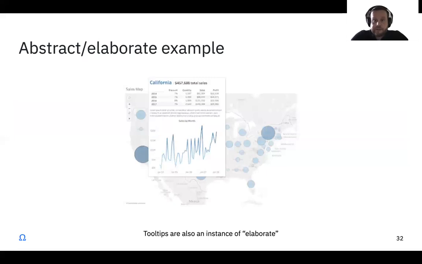If we think about tooltips, so that you click on something and then it will show a side view or overlay of that data point that you have selected, that is also an example of elaborate, actually. So you don't have to zoom in, like using your mouse scroll wheel, but you can also elaborate by showing tooltips.